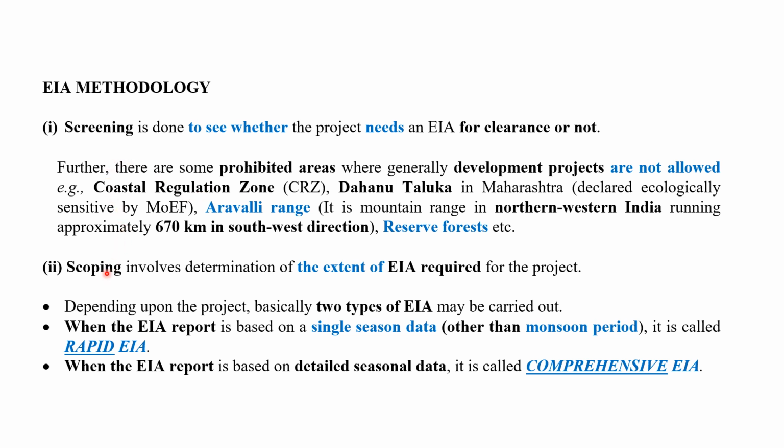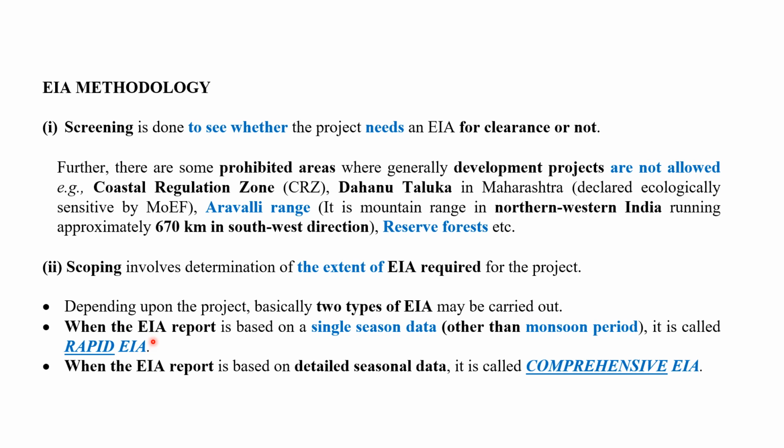The next method is scoping. That means it involves determination of the extent of EIA required. Which type of EIA is required for a particular development project? Depending upon the project, basically two types of EIA may be carried out. When the report is based on single-season data, except the monsoon period, it is called a rapid EIA.